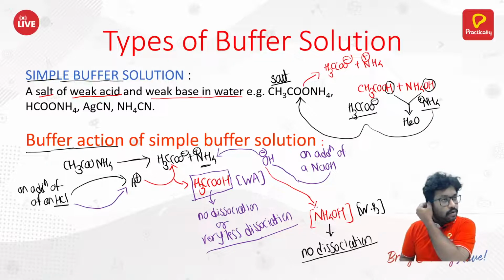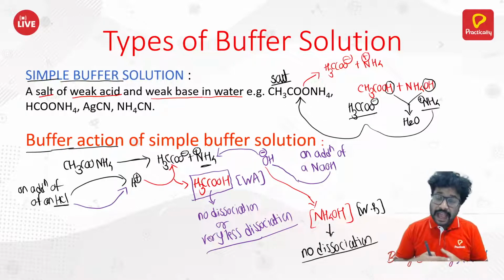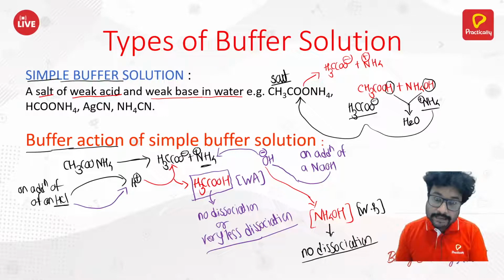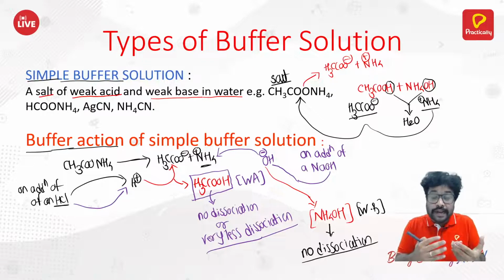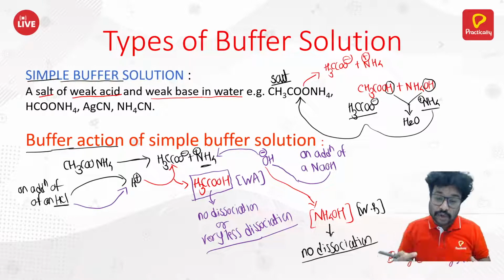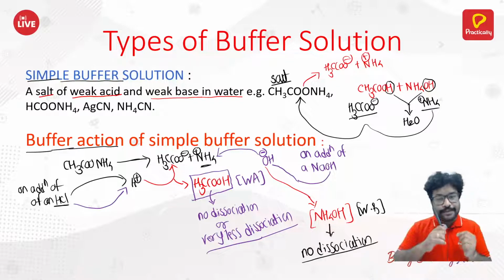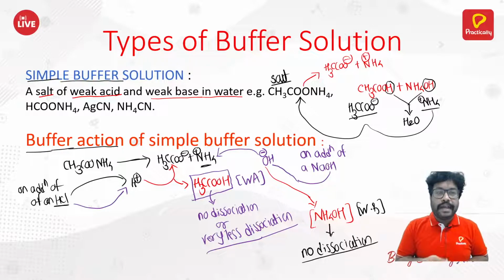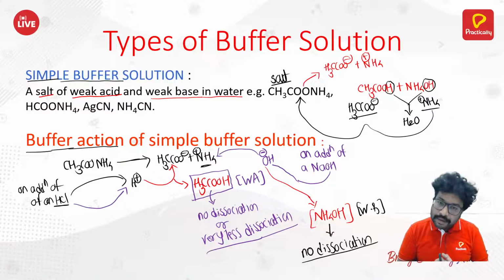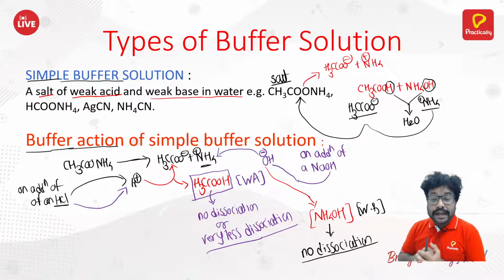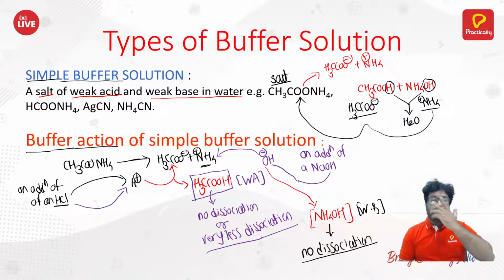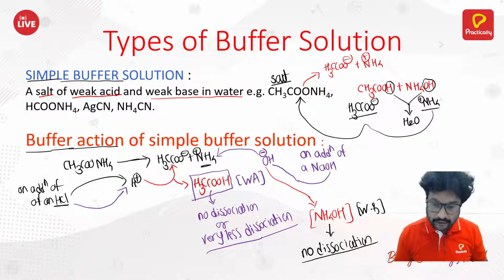In other words, the OH minus that came into the system, which otherwise would have increased the basicity and consequently the pH, has been absorbed by NH4 plus to give a weak base. Being a weak base, it doesn't dissociate. Therefore, OH minus has been absorbed completely, and that is how it maintains the pH. That is what the buffer action of a simple buffer solution is all about.